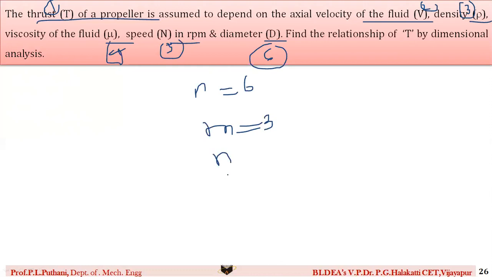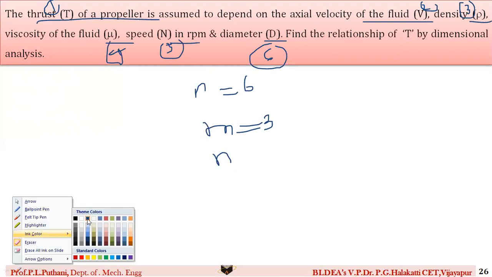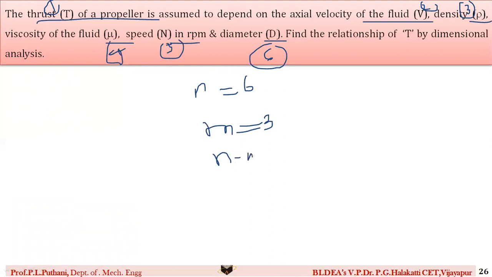So n minus m, how much do we get? 6 minus 3 is 3, which means how many pi terms should we find out here? Pi 1, pi 2, pi 3.